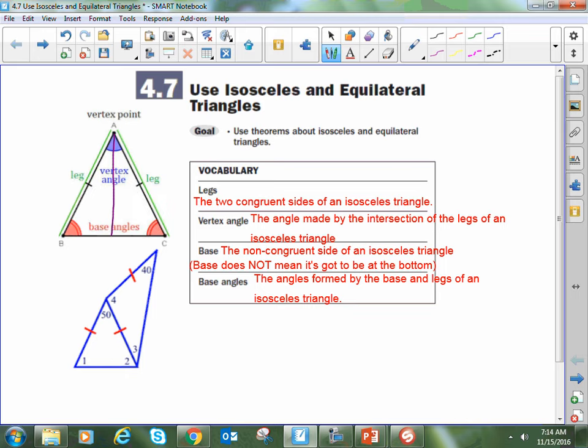So here, we'll just go ahead and pop this up. We can refer to this as the altitude. We can refer to it, in this case, as a median. And we could also refer to it as a perpendicular bisector.